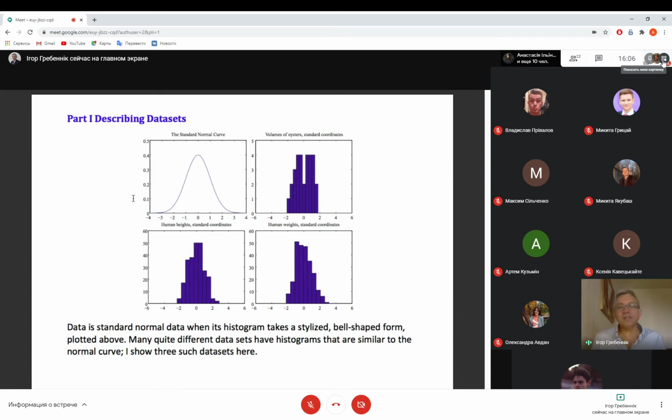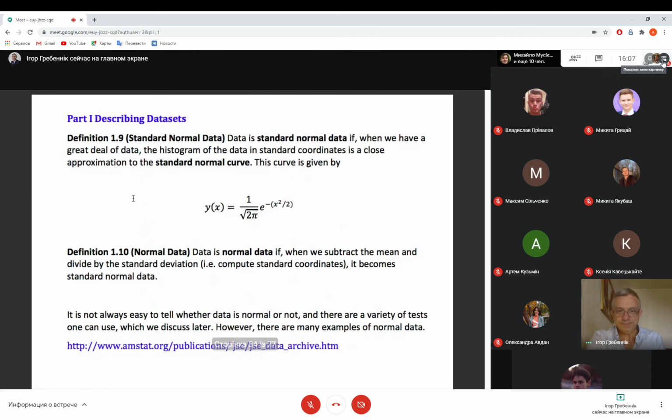Now we speak only about the shape and importance of this type of histogram. And then I hope that we will consider some probabilistic properties which make the normal curve extremely important and applicable in different applications of data science and theory of probabilities.